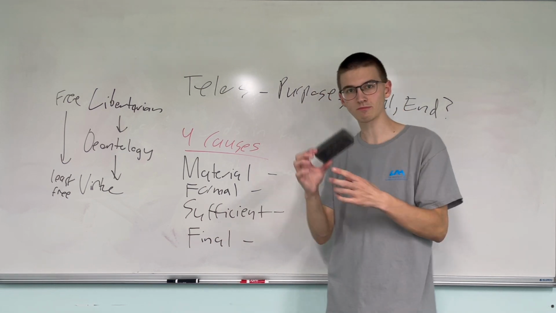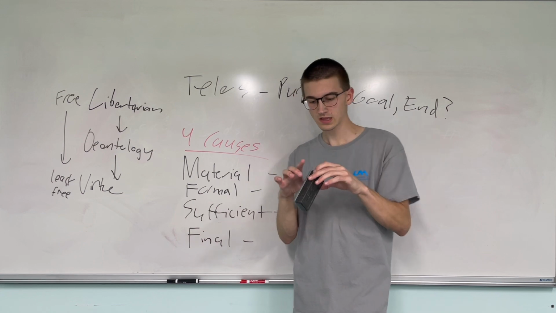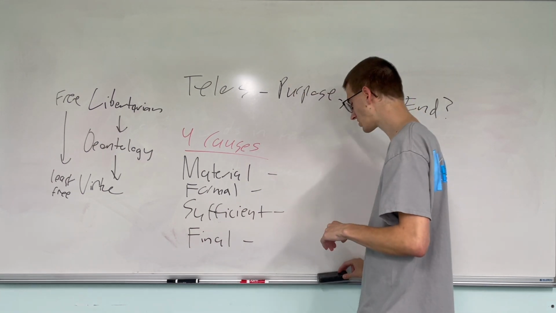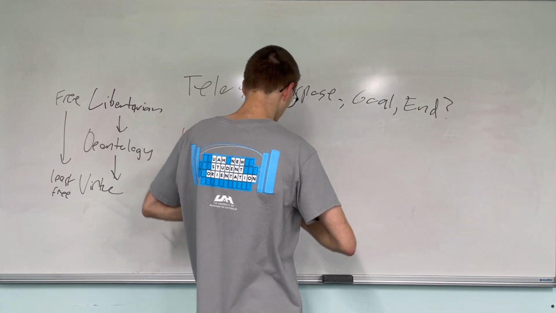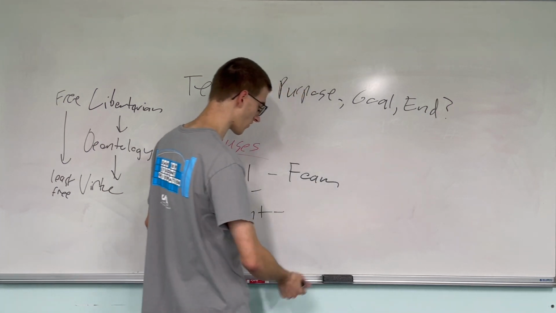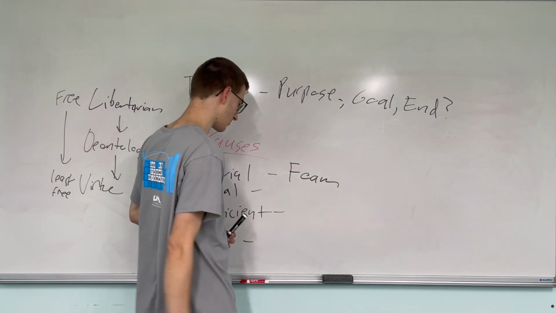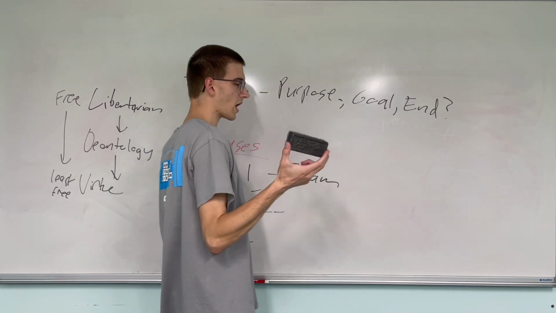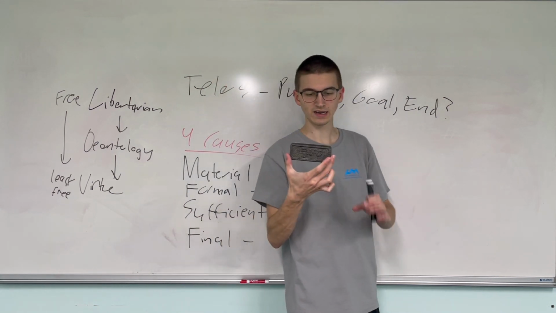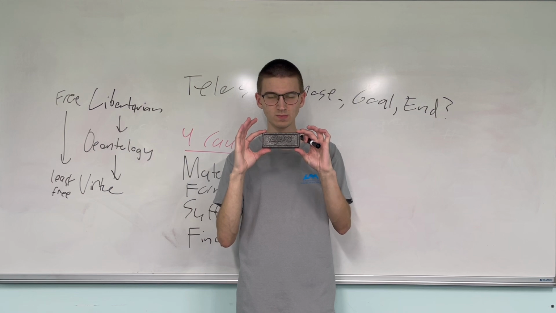In the case of the marker, to go back to the eraser, the material cause is the material stuff it's made out of. So this is, I don't know, let's just say foam and whatever the bushy stuff is that actually does the erasing. The formal cause is the plan. It's kind of the schematic of this thing specifically.